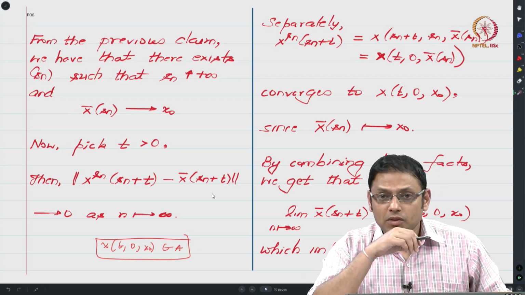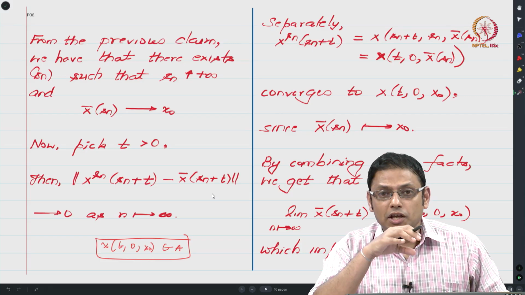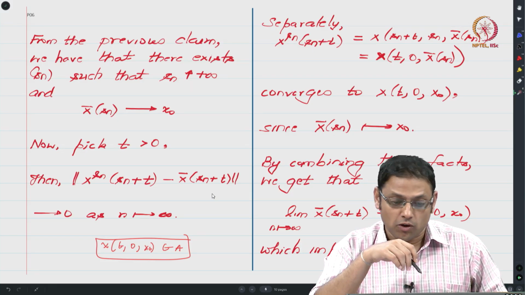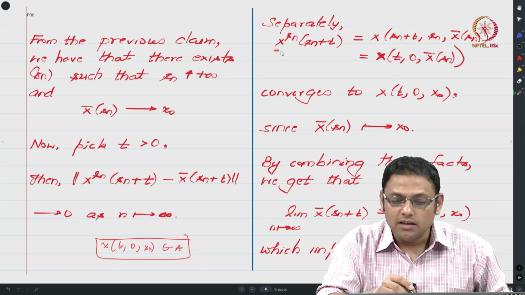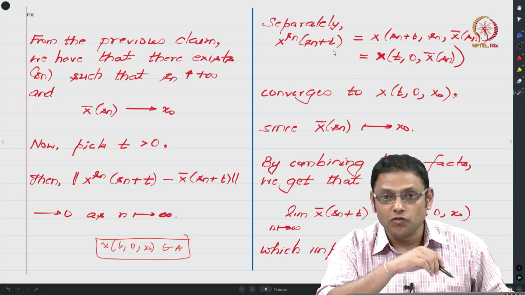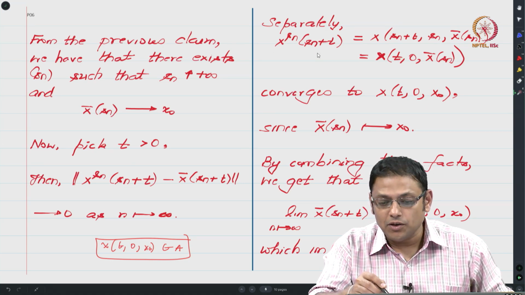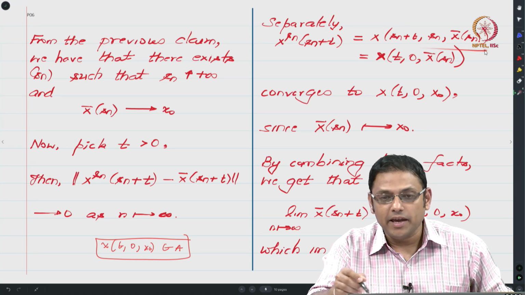Now, separately we can invoke the continuity of solutions with respect to the initial points to conclude the following. In particular, observe that x Sn Sn plus t, okay, this is the solution of your limiting ODE. This in our notations that we had introduced previously can be expressed in this way.